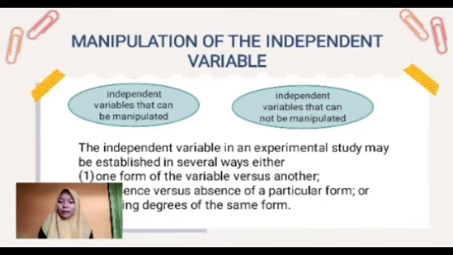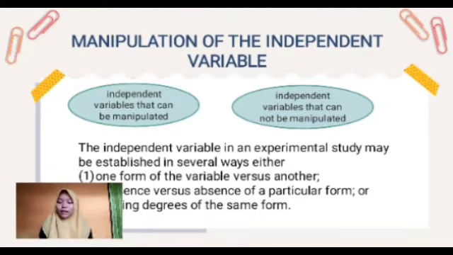Here, the independent variables that can be manipulated include teaching methods, type of counseling and learning activities, assignment given, and material used. And the independent variables that cannot be manipulated include gender, ethnicity, age, and religious preference.